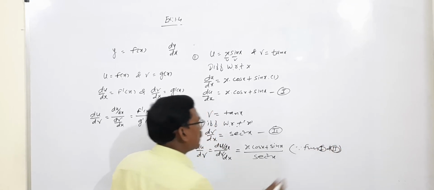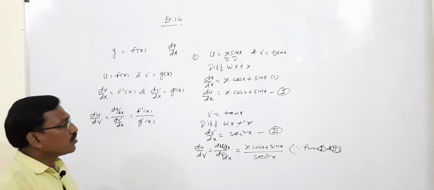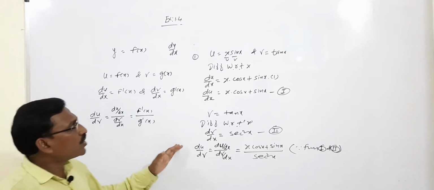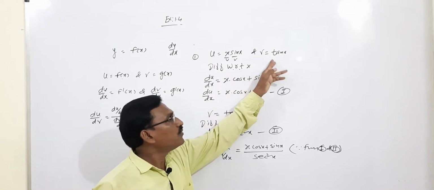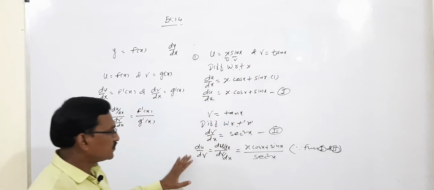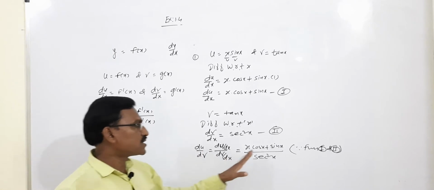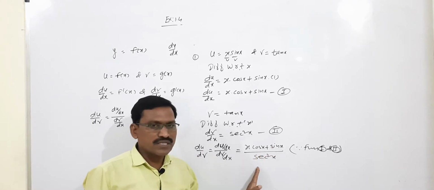So in this way we have to differentiate one function, x sin x, with respect to another function, tan x. Its differentiation is x cos x plus sin x upon sec square x.